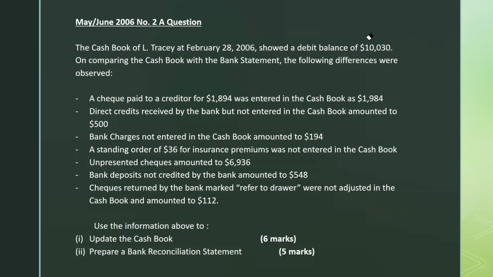Too much. It was supposed to be 1894, but we put 1984. That is more than what we were supposed to put, right? Because 1984 is more than 1894. How much more is it by? 100. Use your calculator.